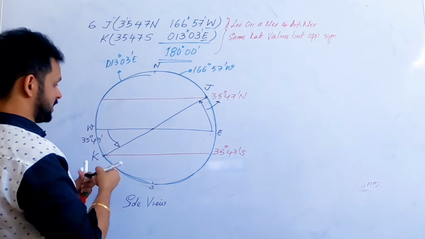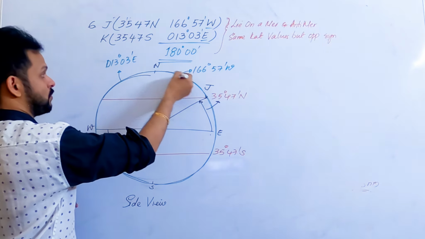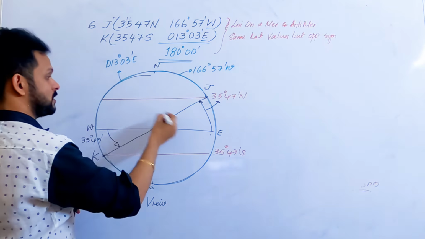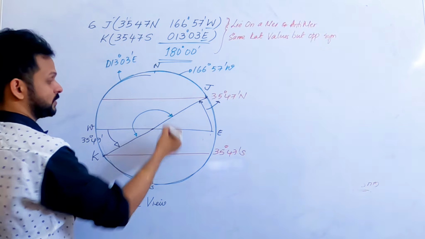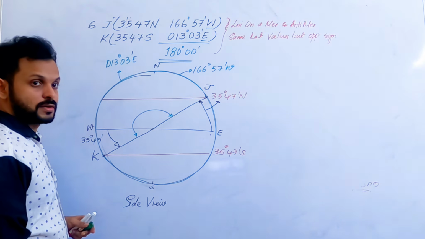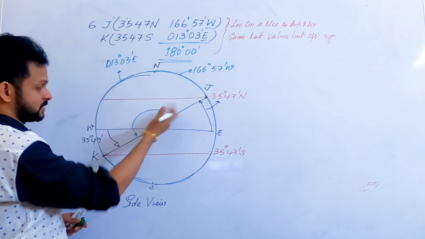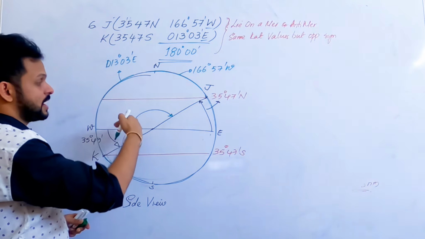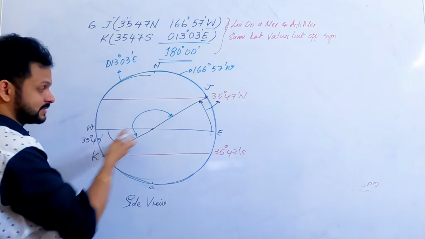Therefore, we are looking at a distance from J via north all the way up to K, with a corresponding angular change at the center of the earth. What do you think that angle is going to be if we add up? We can see that there is 35 degrees 47 minutes here and 35 degrees 47 minutes here, and the rest of the angles. If you find this total angle, you can see it is exactly a straight line.